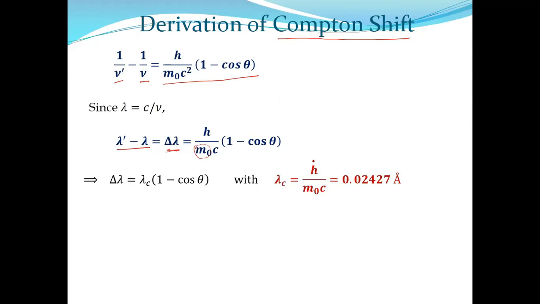If we put those values, we get the quantity h by m naught c as 0.02427 angstrom. I have asked you to remember this value for numerical calculations. If you are using an electron as your particle, then lambda c becomes this, and lambda c is called the Compton wavelength because its dimension is the same as the dimension of wavelength.